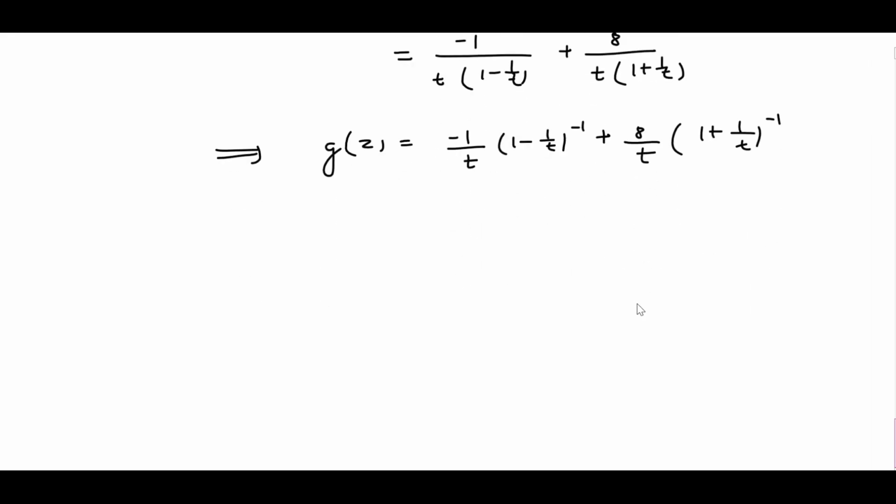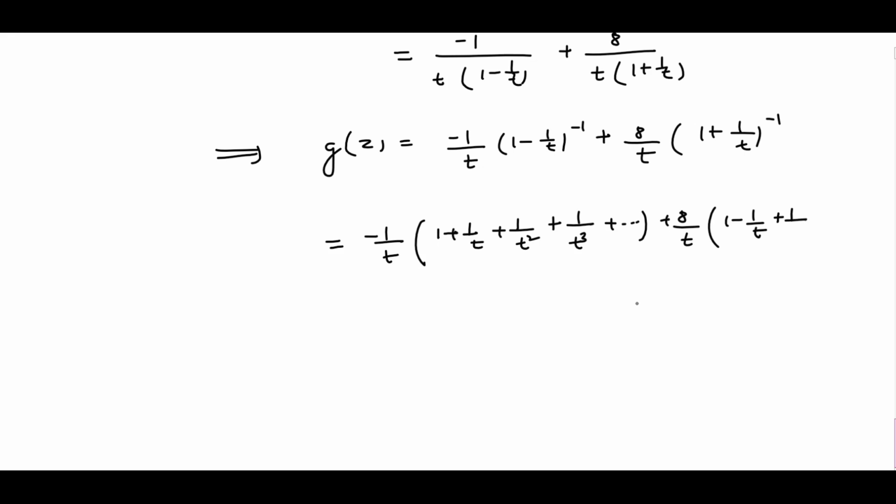So by using the standard series expansion, we can write negative 1 by t times 1 plus 1 by t plus 1 by t square plus 1 by t to the power 3 plus dot dot dot. Here plus 8 by t times 1 negative 1 by t plus 1 by t square negative 1 upon t to the power 3 plus dot dot dot.